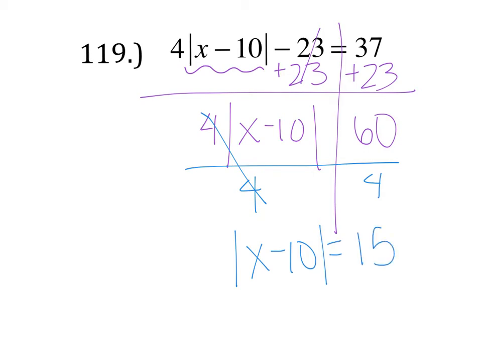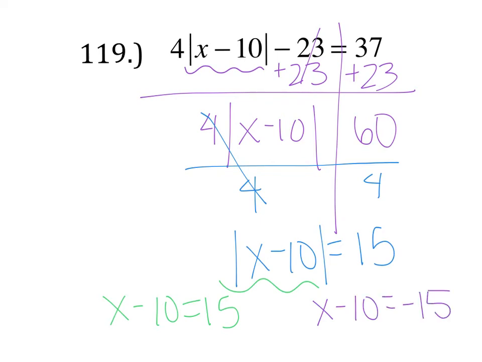60 divided by 4. So now that the absolute value is by itself, we are going to break it into the 2 equations. So x minus 10 is equal to 15, and then x minus 10 is equal to negative 15.